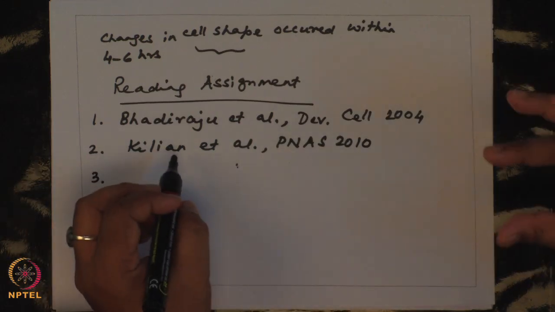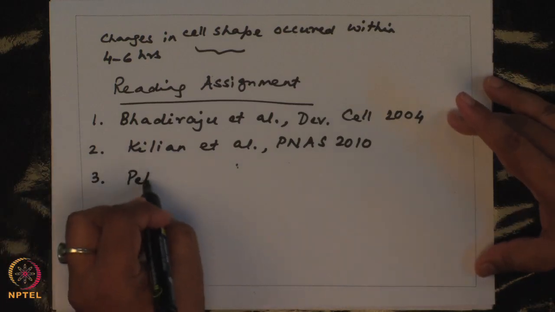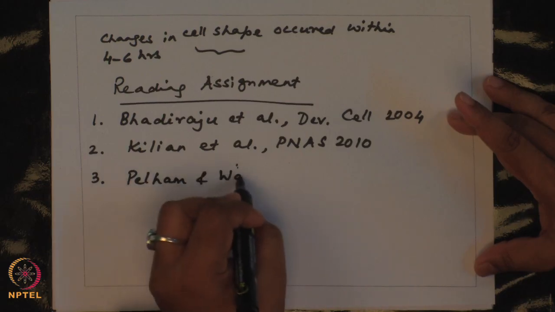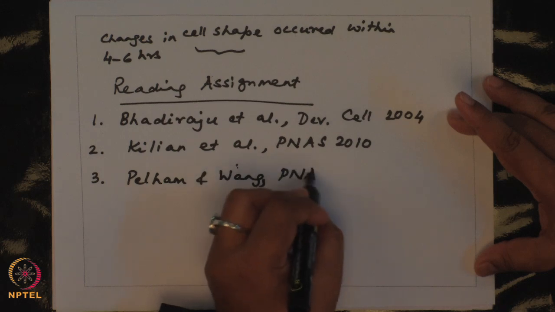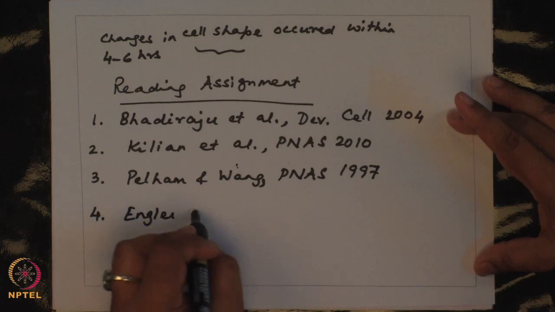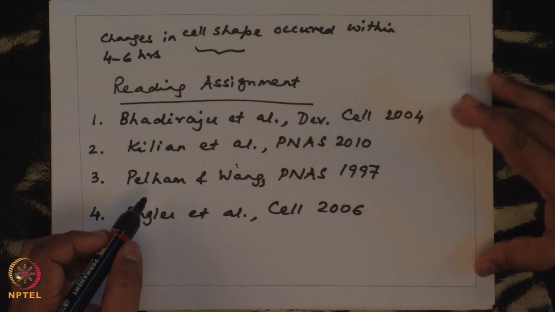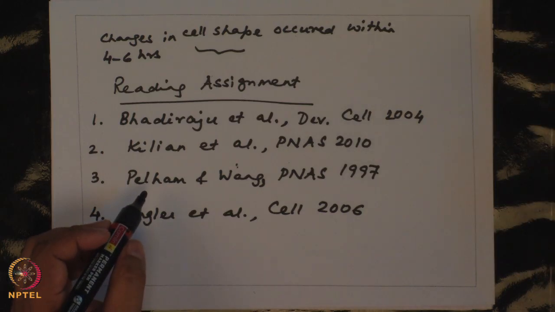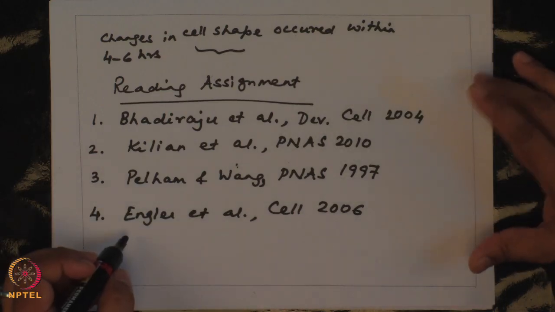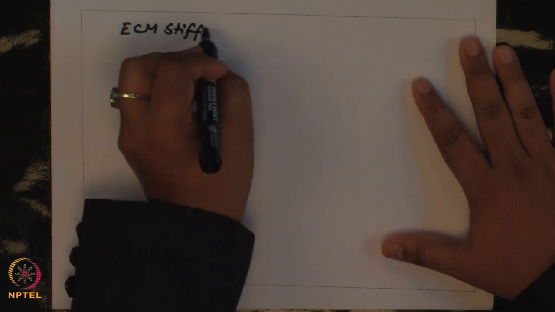This was the other paper where they used the same size but changes in aspect ratio. The third paper was the first study to show the effect of substrate stiffness in regulating cell spreading, and the final study was about stem cell fate on substrates of different stiffness. These studies demonstrate that ECM stiffness is a major regulator of stem cell fate.